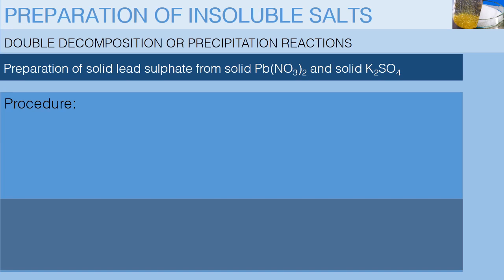In this case, we advance the same procedure, but this time, instead of using a metal and a salt, we now use two salts. So let us go right in. Preparation of solid lead sulfate from lead nitrate and potassium sulfate. Now remember, these are solids.